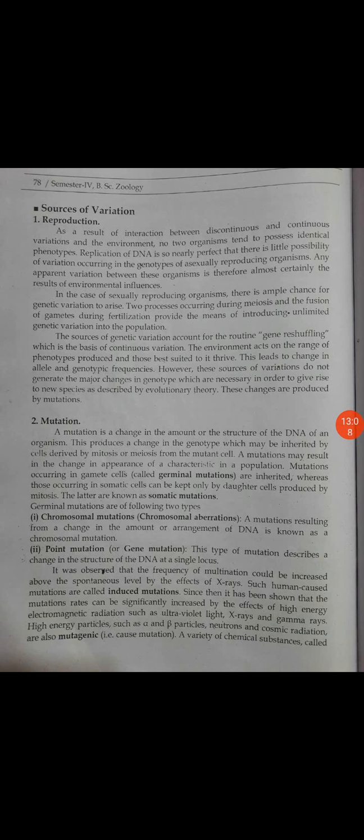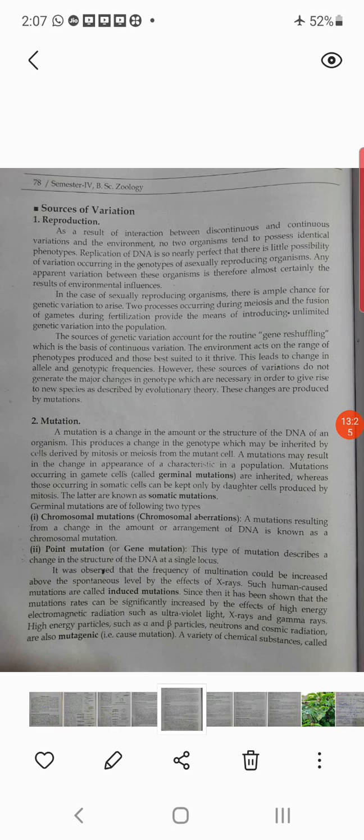Induced mutations occur due to X-rays, and human-caused mutations are there. So this process is continuously going on. Mutation is effective for variation. These are the only two changes, and because of that variation occurs during the evolutionary process.